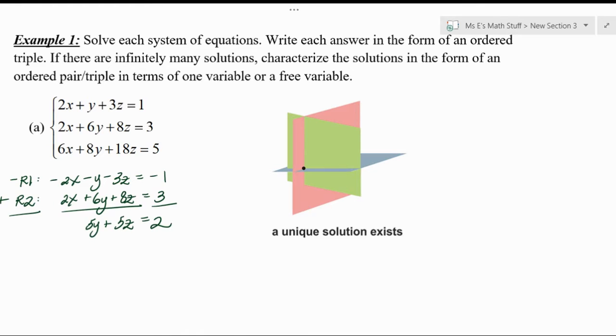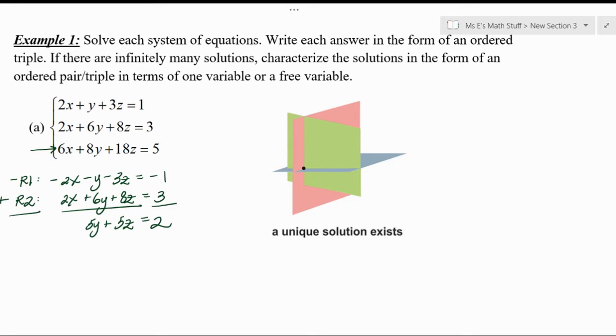Now, keep in mind at this point I've involved row 1 and row 2, so I need to involve row 3. Otherwise, I won't be solving for the intersection between 3 planes. You could just be stuck with 2 if you don't involve all 3. I also need to eliminate x again, and you could use whatever combination makes the most sense to you.